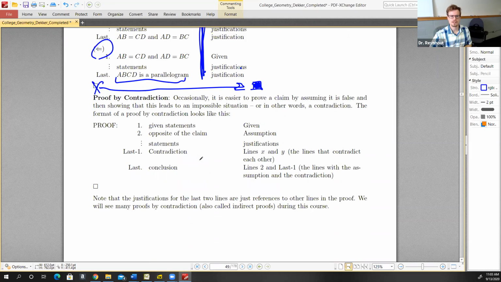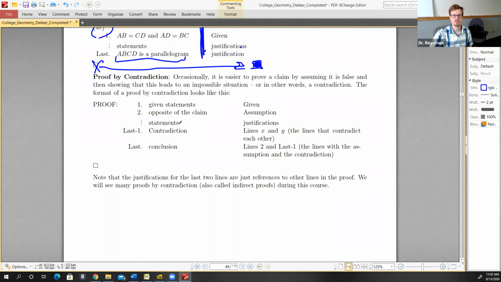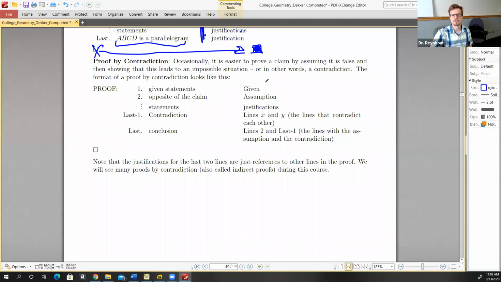We will also see proofs by contradiction. So again, I'm assuming that you've seen these before, so we'll continue to look at these. But when we want to look at a proof by contradiction, given and assumption are used a little bit differently here.